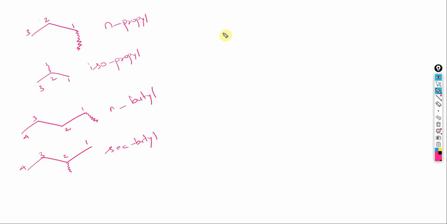And if we have a butyl, except it is not a straight chain butyl, it's not going to be like that. It's going to be like that. And if that carbon comes out, this is 1, 2, 3, and a 4. This is what we call the isobutyl group.